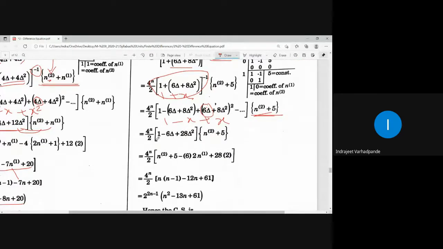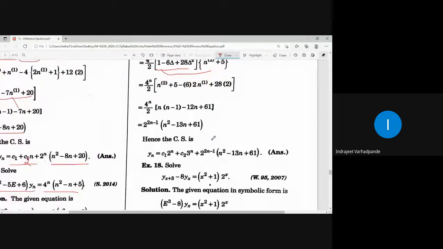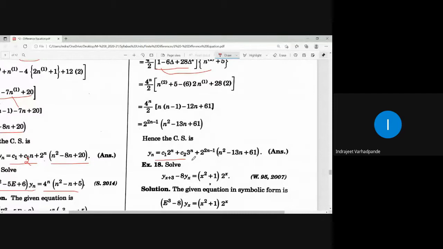So expand it, collect the like terms, operate term by term, you get the simplification. Hence the complete general solution is given by c1 2 to the power n plus c2 3 to the power n plus 2 to the power 2n minus 2, whatever they have simplified.